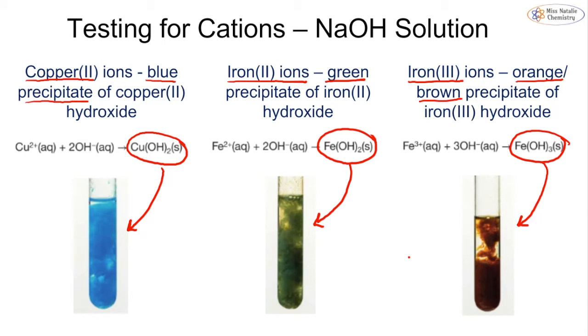Please do not get them mixed up. This is very common for them to ask you in an exam, potentially in a multiple choice, and they may ask what is the colour of the precipitate for iron 2 hydroxide, and they will give you green and brown as one of the answers because they're trying to make sure that you can distinguish between the two.